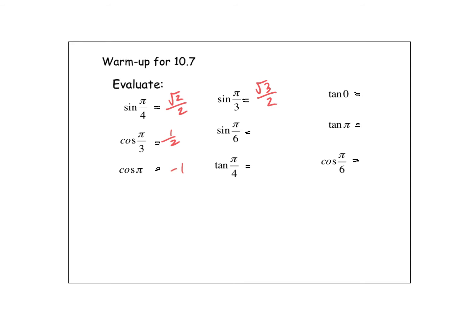Sine at pi over 6. Tan at pi over 4. 1. Tan at 0. 0, right? Sine over cosine is 0. Tan at pi. Cos at pi over 6. Root 3 over 2.